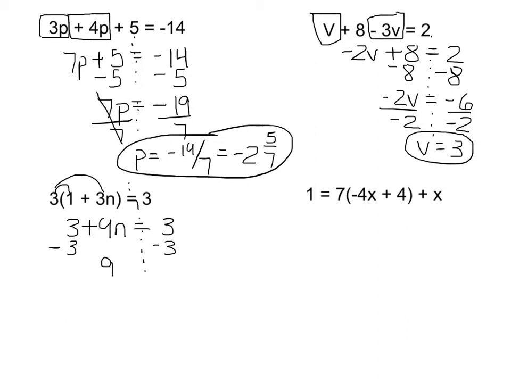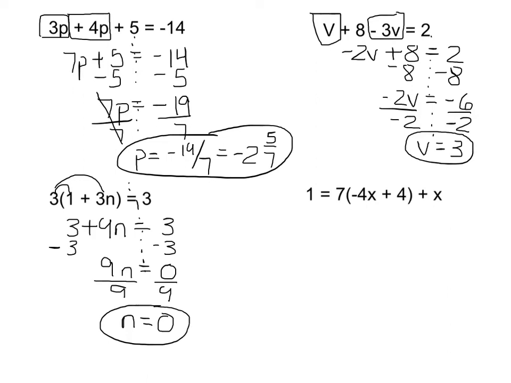I get 9n. And on the right, I'm going to get 0. That's okay. 0 is a number. Divide by 9, because it's my inverse operation. Well, hopefully you remember that 0 divided by any number, in this case 9, well, if I have 0 items and I try and put it in 9 piles, each pile is going to have 0 things in it. So in this case, my answer ends up being n equals 0.